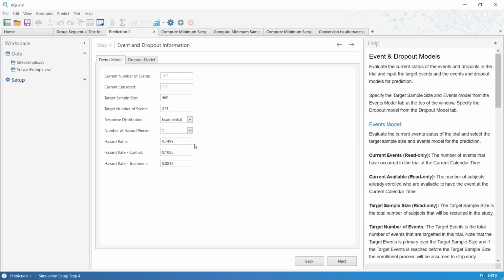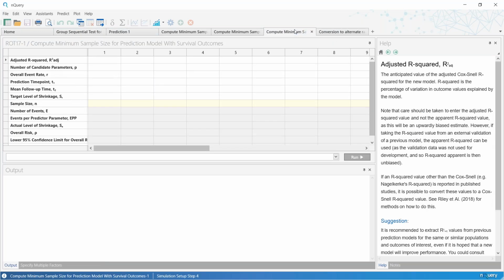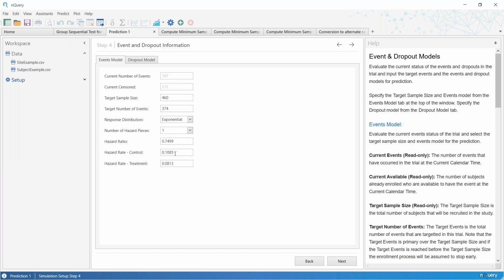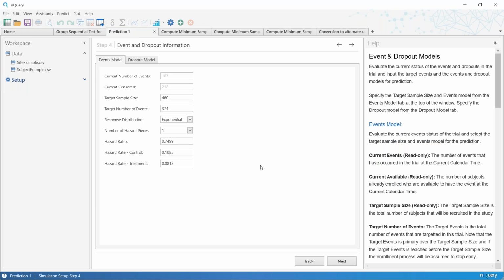If we go to our prediction engine, the best fitting exponential values for the treatment and control group are about 0.1085 and 0.0813, both of which are below what we were expecting, particularly that control rate. That control rate seems a fairly substantial amount lower than expected. So remember, 0.1085 and 0.0813 versus 0.14 and 0.1, which is what we were expecting in the initial design stage.